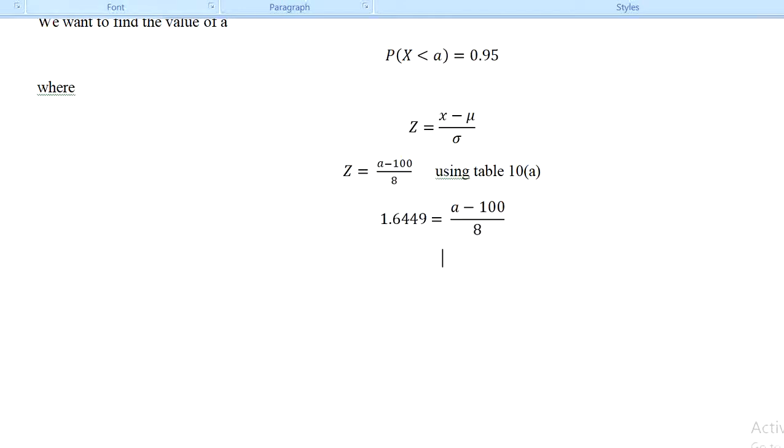So from here we can easily calculate the value of a. We will simply calculate it in calculator. This is 1.649 into 8 is equals to a minus 100.